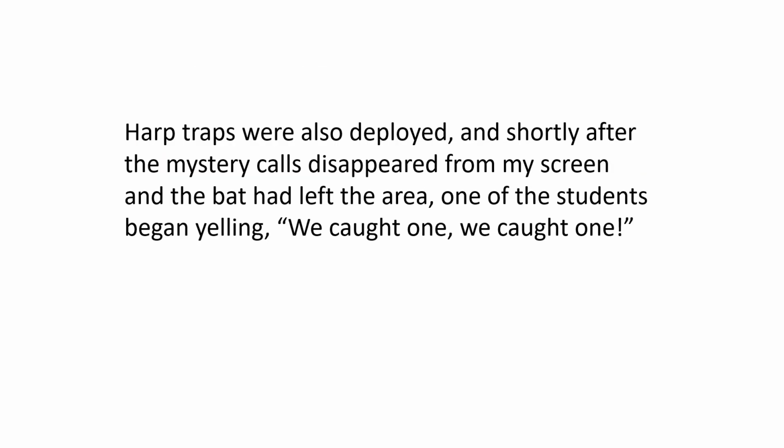Well, we had harp traps set up as well out there in the garden on the campus. And then the mysterious call disappeared off my computer screen, and I went, oh gosh, we'll never know what it is. And about that time, one of the students began yelling, in Spanish, of course, we caught one, we caught one.